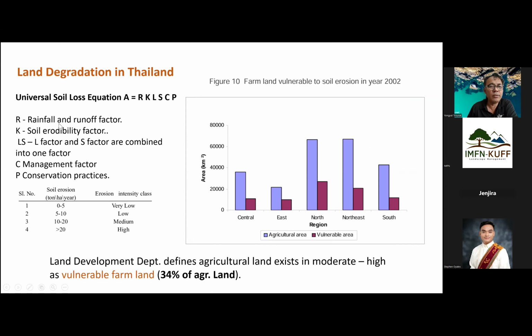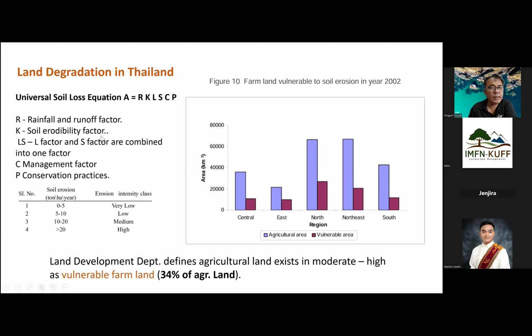The soil loss depends on several factors. One is rainfall intensity and runoff. If we have more rainfall, more intensity, the erosion will be high. Soil erodibility depends on the soil texture. For example, loamy soil has more erosion than clay soil.